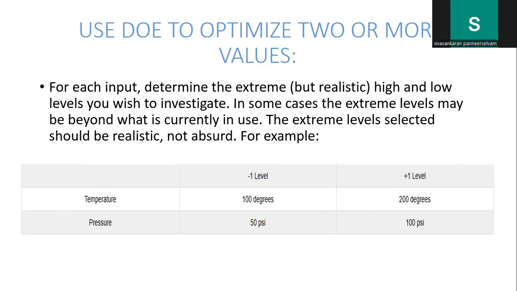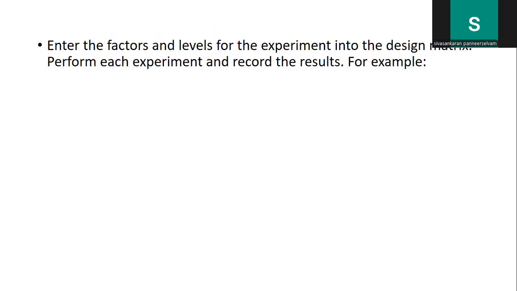Same thing, pressure also, we can vary the significance level between the lower and higher level limit, say 50 pounds per square inch and 100 pounds per square inch. See, when we are setting two different levels of achievement, we can find out the degree of variation between each level and also the factors, temperature and pressure, and how this temperature and pressure are going to influence the final output response variable through experimentation.